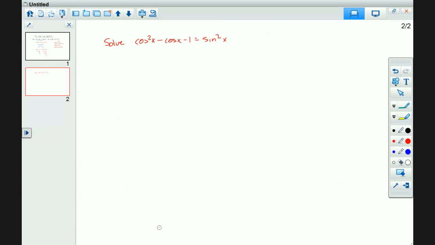Is there a stem on that? Okay, 0 to 2 pi. So this is where you're going to see the answer in radians because they've specified. All right, so you'll want to write your answer in radians on this one.